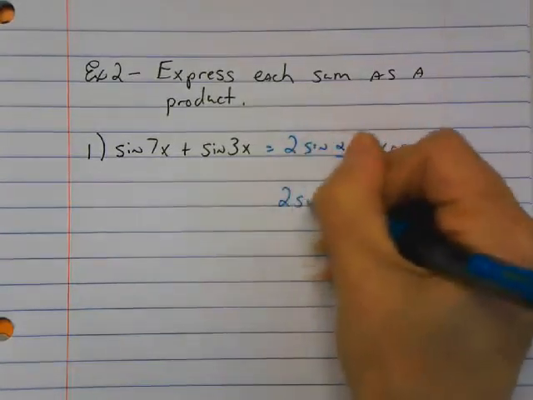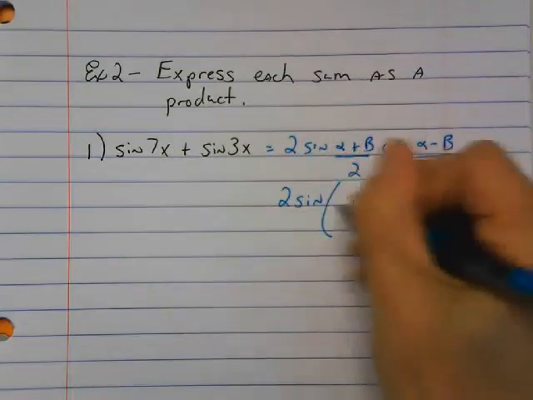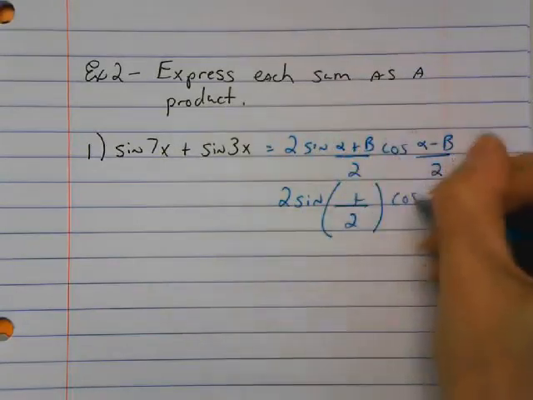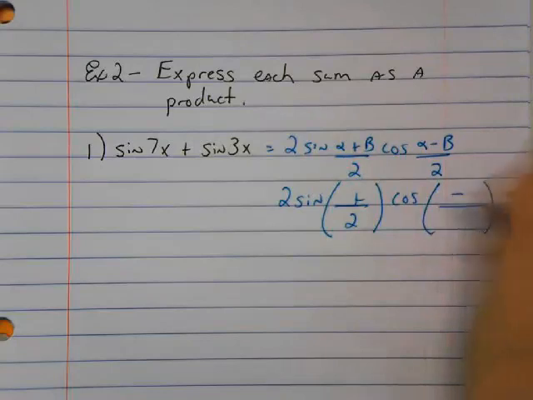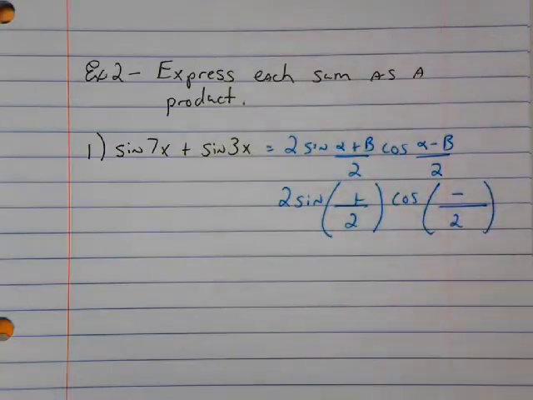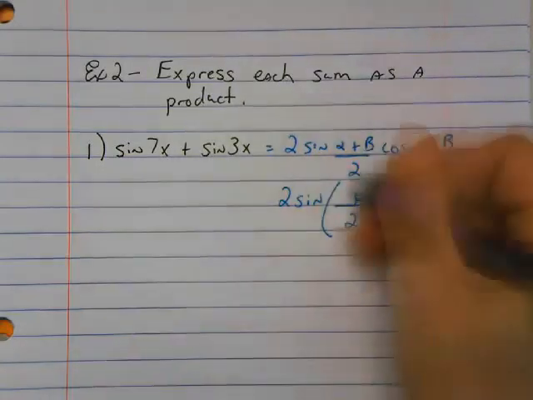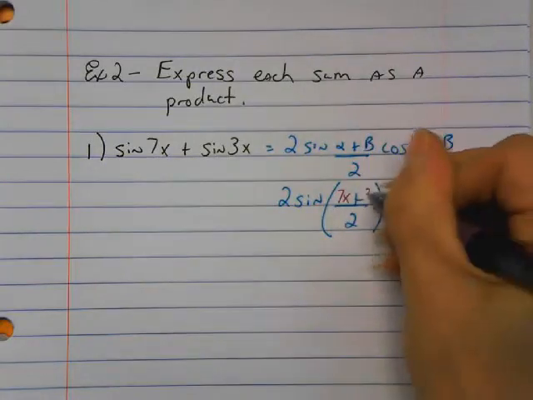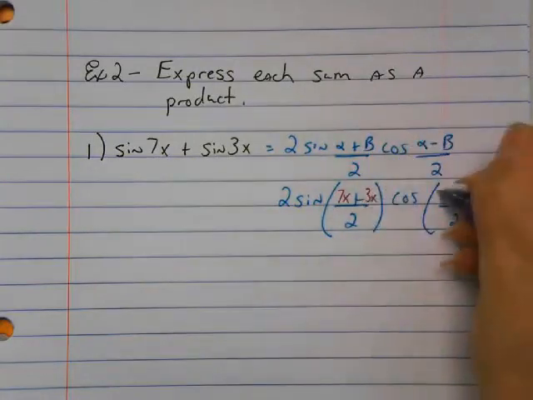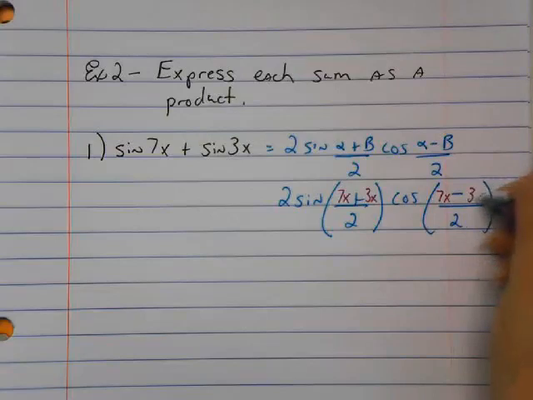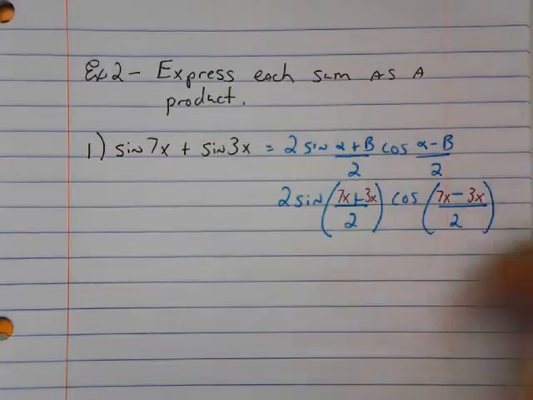So I have 2 sine cosine. Alright, so alpha is 7x, beta is 3x. Let's clean it up.